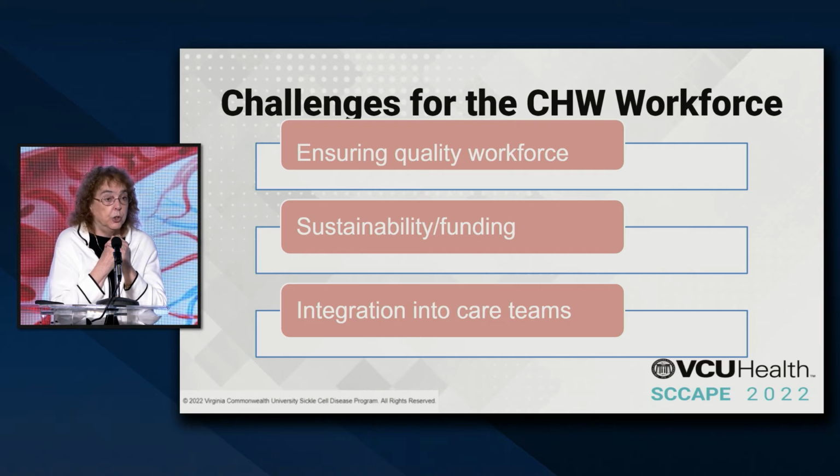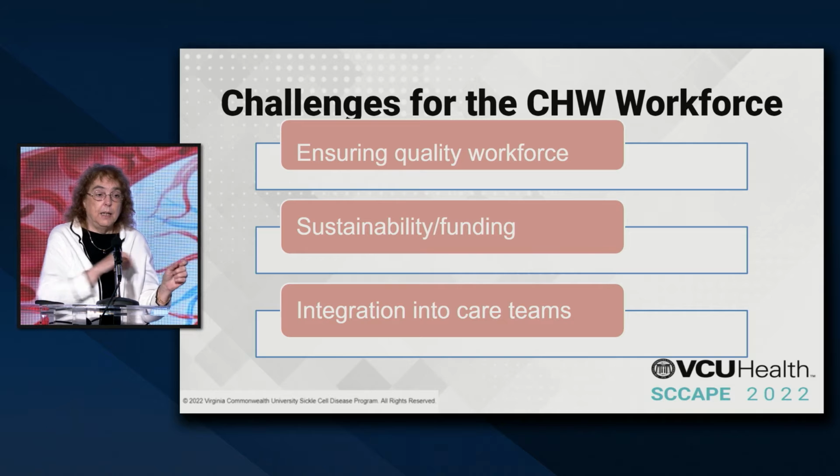We have that concern. And hospitals and institutions are going to have that concern. Medicaid has that concern. They don't want just anybody out there interacting with patients because of the liability question, for one thing. So the challenges are ensuring a quality workforce, sustaining or funding that workforce, and integrating that workforce into existing care teams.